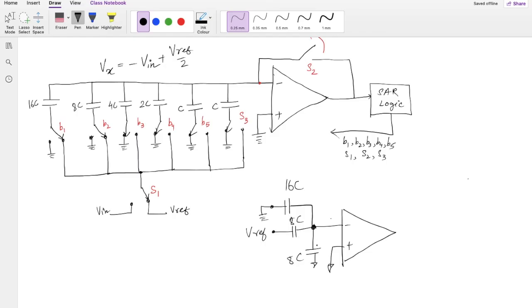So basically, if you see here, these two are in parallel, and this is in series.